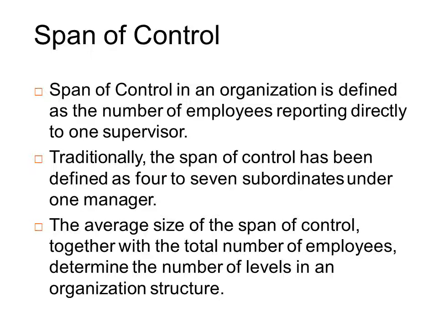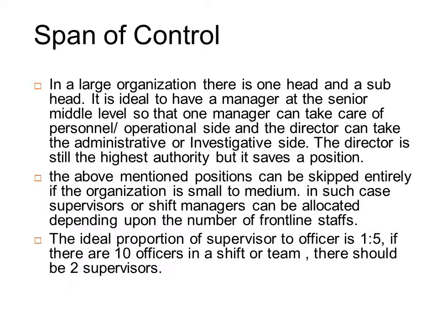Span of control is defined in an organization as the number of employees reporting directly to one supervisor. Traditionally, 4 to 7 persons report to one manager. The ratio is supervisor to officer. One supervisor will be taking care of 5 officers, which is an ideal proportion.